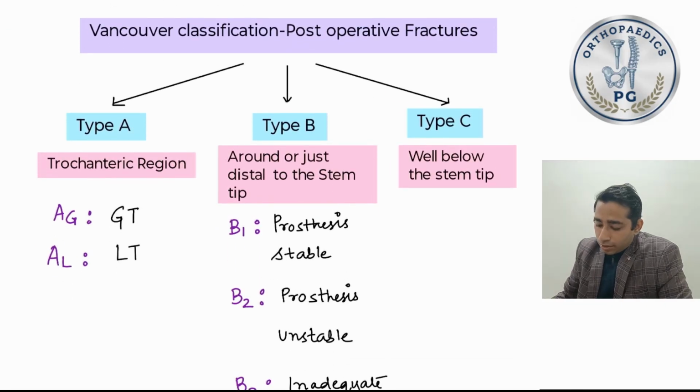Now let us see the classification of postoperative femoral fractures. This is also the Vancouver classification, which divides these fractures into three types: A, B and C. A involves the trochanteric region, B occurs around or just distal to the stem tip, and C occurs well below the stem tip.